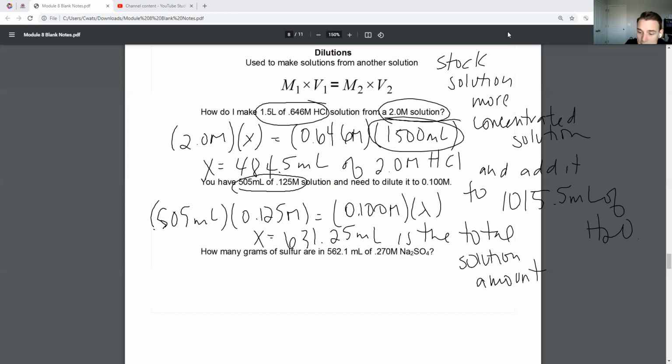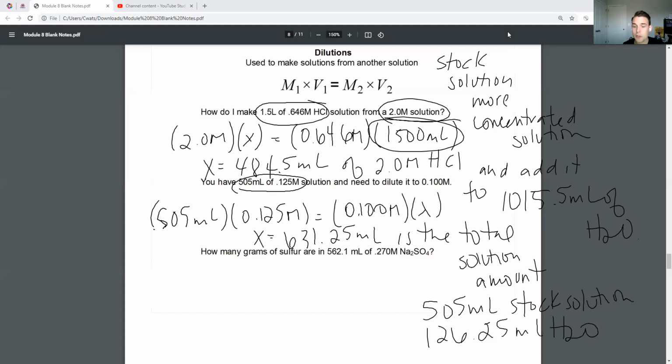So what I need is I have 505 milliliters of my stock solution, and then I need to add 126.25 milliliters of water in order to dilute it down to my total volume of 631.25.